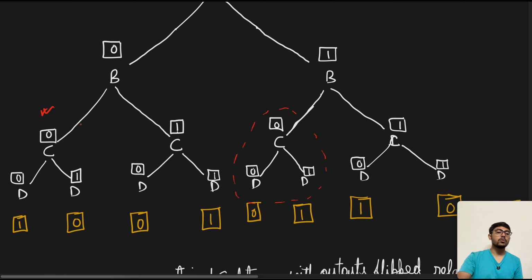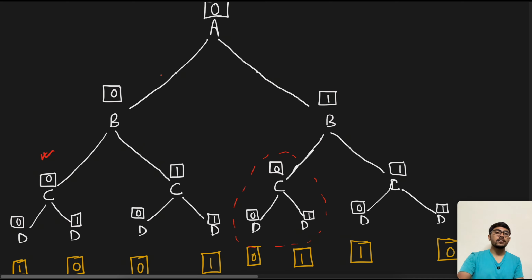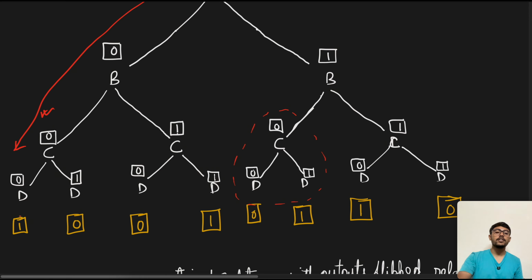The other thing to note is that these yellow boxes denote the even parity bit. In the first branch pathway, we see the number of ones is 0, so even parity is 1. Then we see this path starting from the root, where the number of ones is 1, so even parity turns 0, and so on.